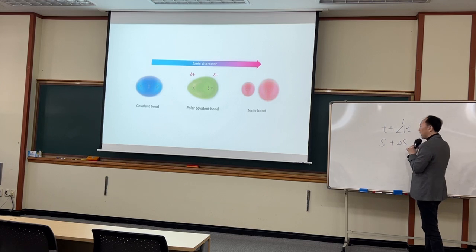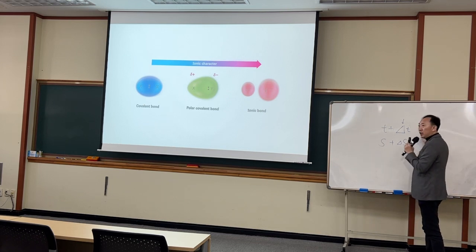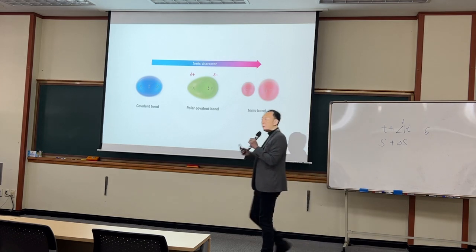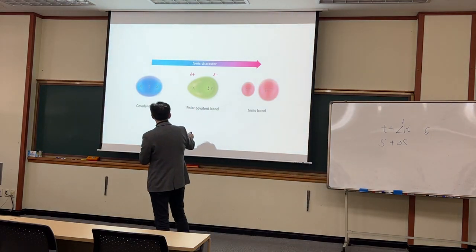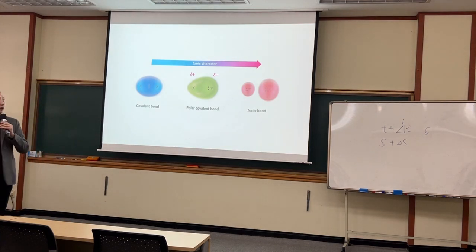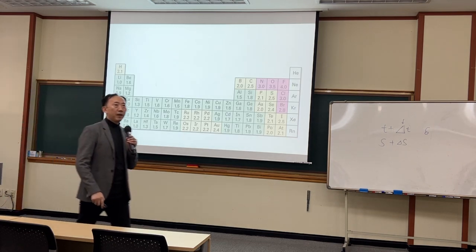So this means it's even smaller. When we learned differentiation, we needed to think about the limit. So we put that kind of notation: small negative, small positive. If the electron were fully moved, it would be minus 1 and plus 1. So this is the polar bond character.